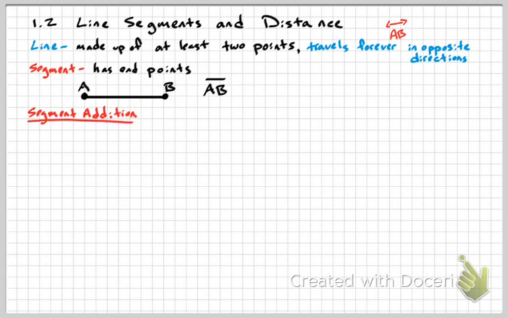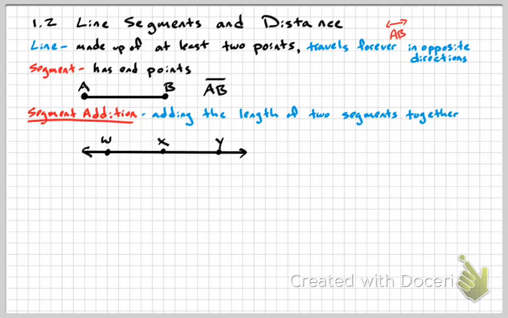So a big part of first semester is what's called segment addition. And the name literally describes what's happening. Segment addition. We are adding 2 segments together. So if we look at this diagram, we have 3 points, W, X, and Y. There's actually 3 segments here.